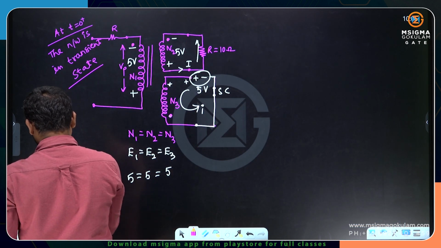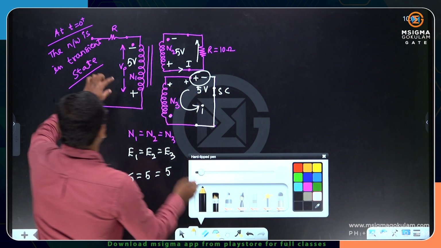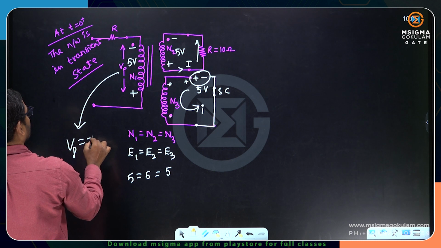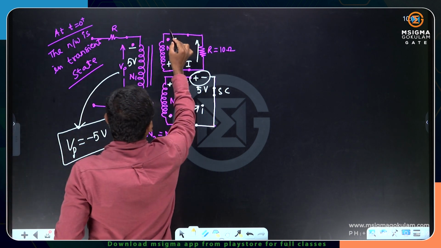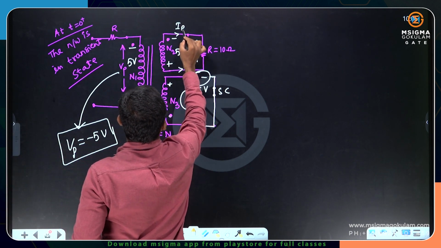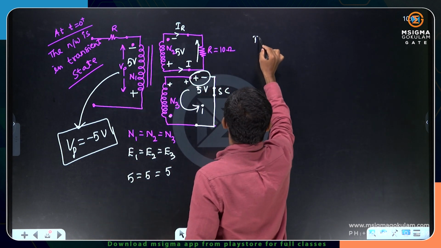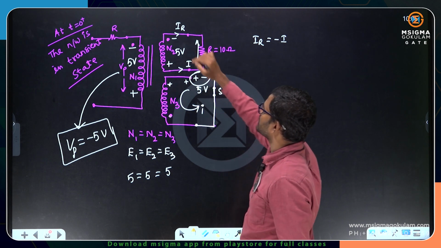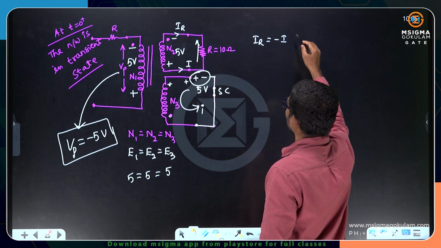So I can say VP is negative 5 volts. Here he has given the current in the question in this direction, so IR equals minus I. I is quite opposite to IR now.